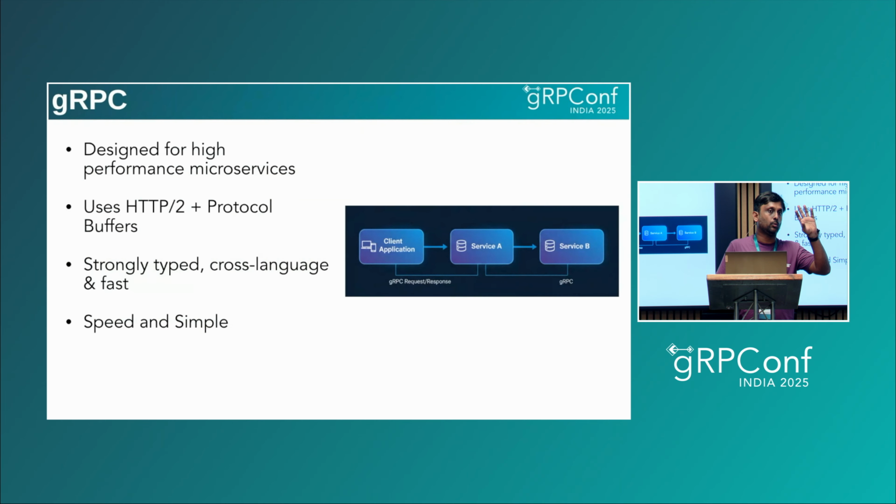You have a proto file defined, and the server and client know that they can use it to communicate with each other. The next thing is strongly typed, speed and simple. So consider you have an application developed using gRPC as a base, and you might have multiple microservices connecting with each other.